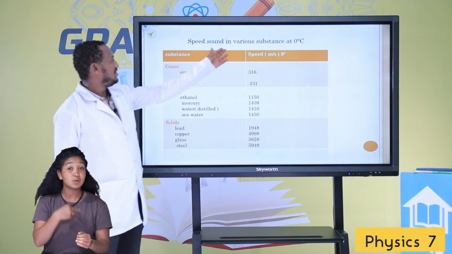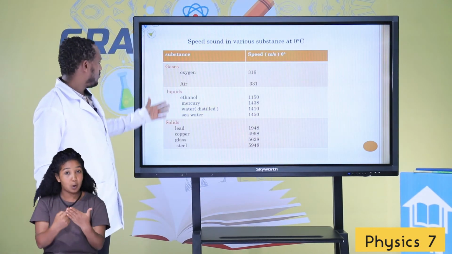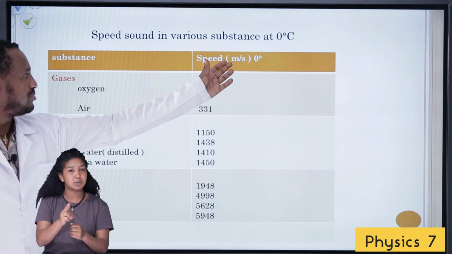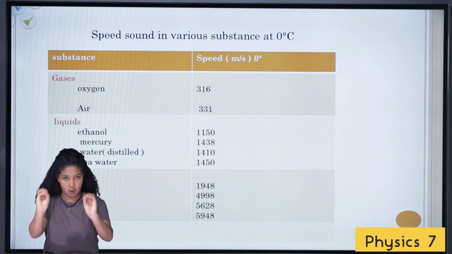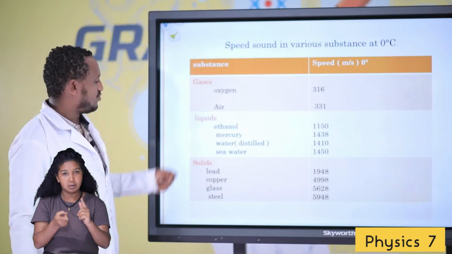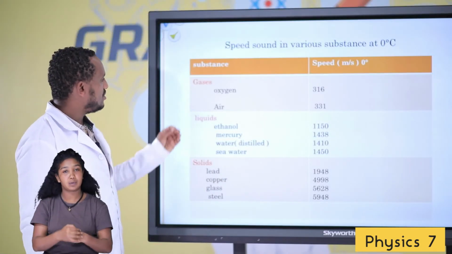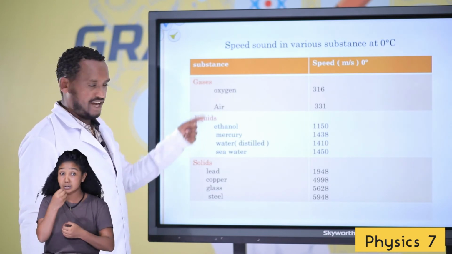The speed of sound in various substances. Look at this table, please. Now here we have substance and the speed in meters per second, at a temperature of 0 degrees Celsius. Here we have three states: gas, liquid, and solid. In gas, we have two gases, oxygen and air.